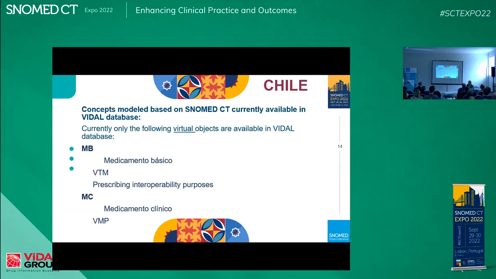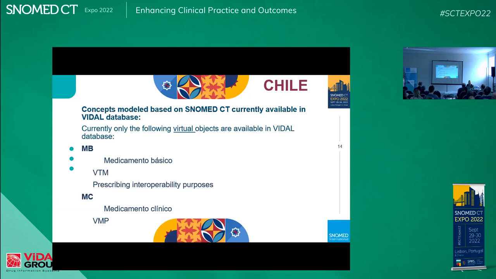And for Chile, we are currently working with two concepts, which are also virtual objects. It's a medicamento básico and medicamento clínico. Medicamento básico is a more general concept. It's also a grouper concept, and it should not be used for prescribing.